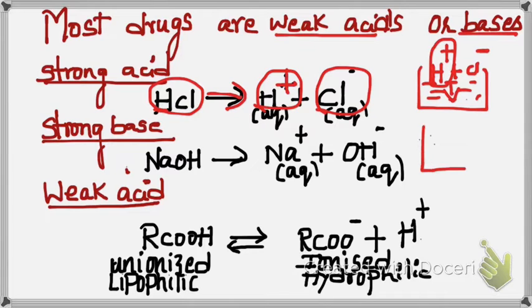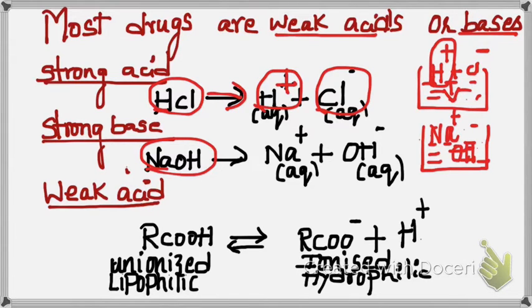A strong base is also one which ionizes completely when it is put in the aqueous medium. Consider sodium hydroxide, which is a strong base. When it is put in water, it ionizes completely to Na plus and OH minus ions.